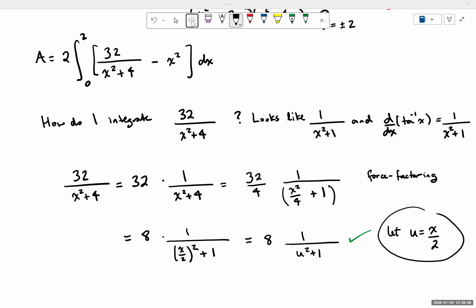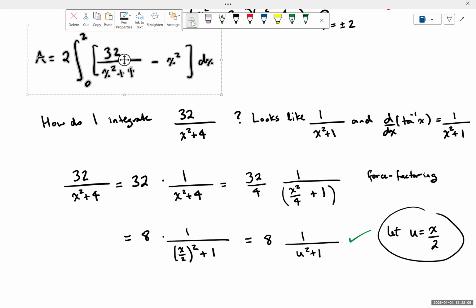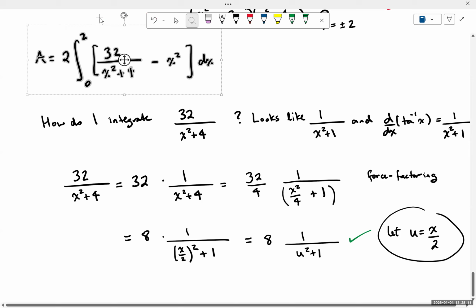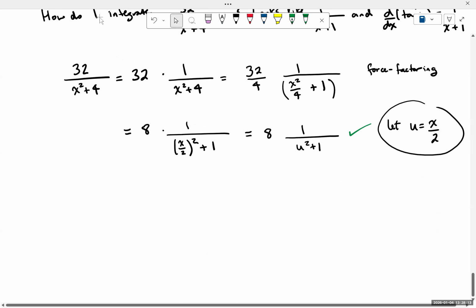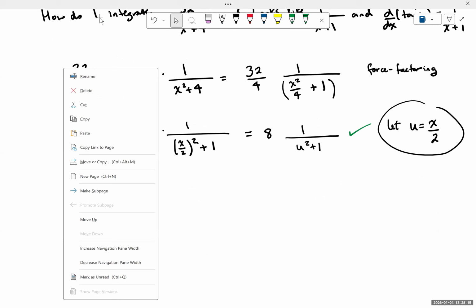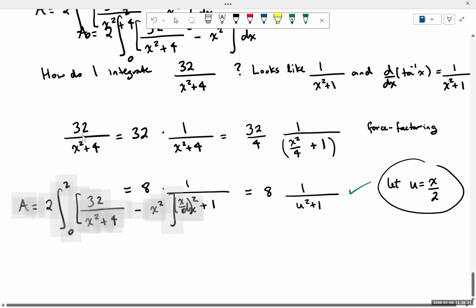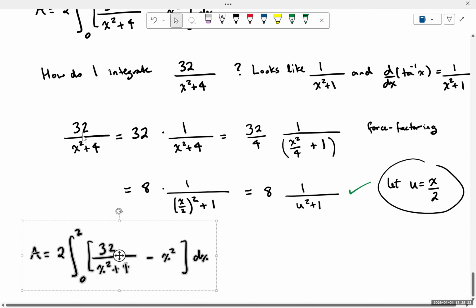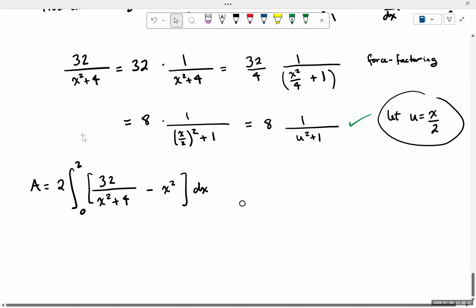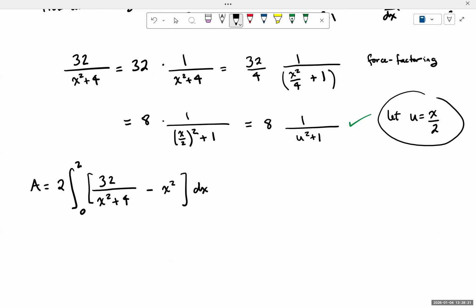Let me see if I can grab this, put that down here. I don't know what that was. A mess up is what it was. But now you can see what we can do here. I don't need that substitution for the x squared.